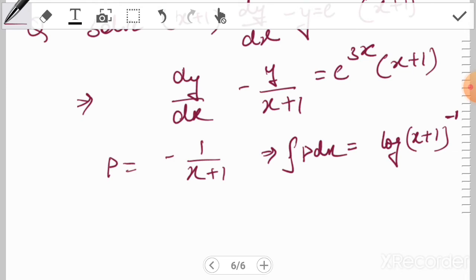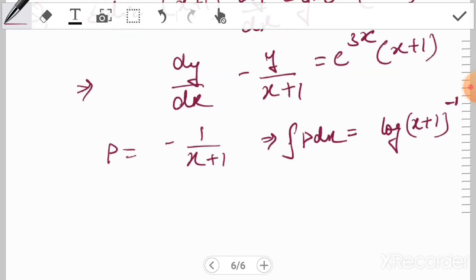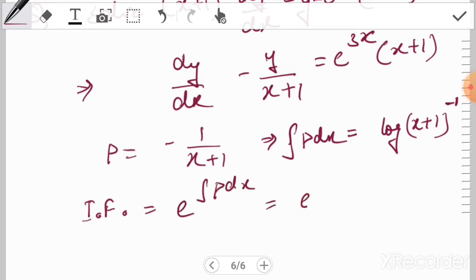So that means we have log of 1 by x plus 1, right? And now integrating factor IF is equal to e raised to the power integral p dx. So e raised to the power log of 1 by x plus 1 is 1 by x plus 1.